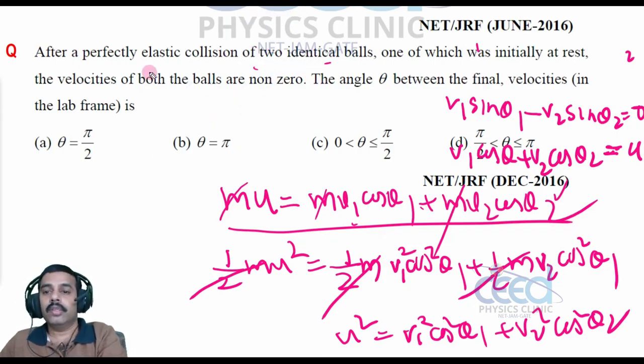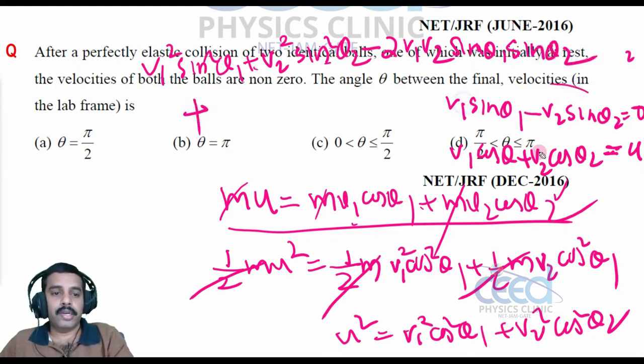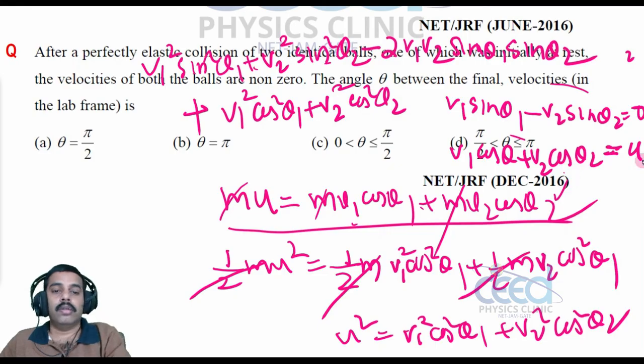Now I am squaring and adding these equations. That gives v1 square sin square theta 1 plus v2 square sin square theta 2 minus 2v1v2 sin theta 1 sin theta 2, plus v1 square cos square theta 1 plus v2 square cos square theta 2 minus 2v1v2 cos theta 1 cos theta 2, equal to 0 square plus u square, that is u square.